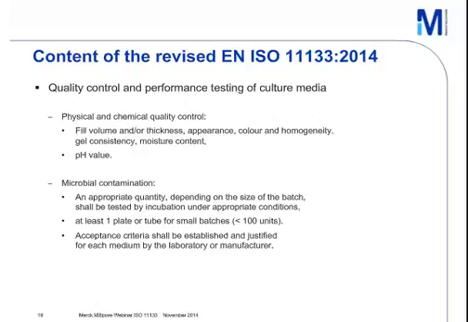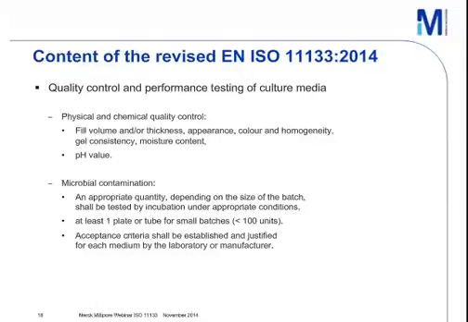For the quality control and performance testing of the culture media, the physical and chemical quality control is given for testing the fill volume or thickness, appearance, color and homogeneity, gel consistency, moisture content, for example, as well as the pH value. Microbial contamination has to be tested also and should be absent.